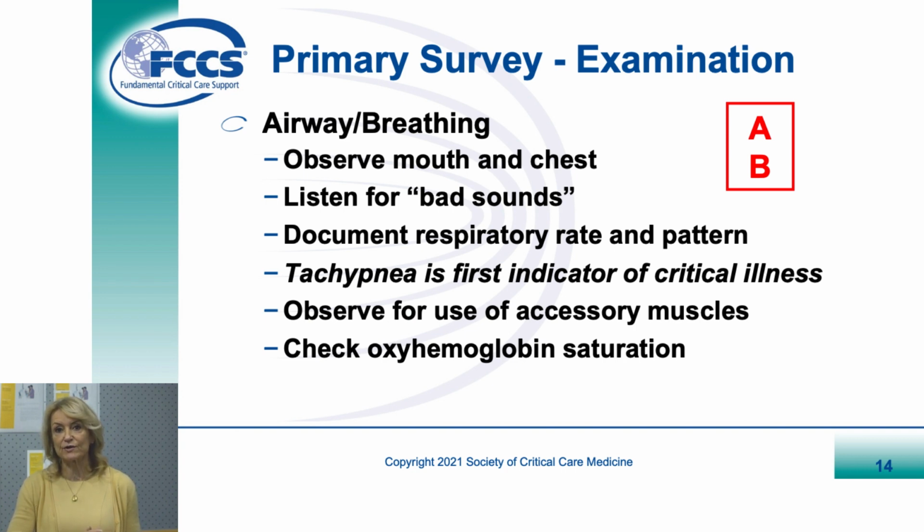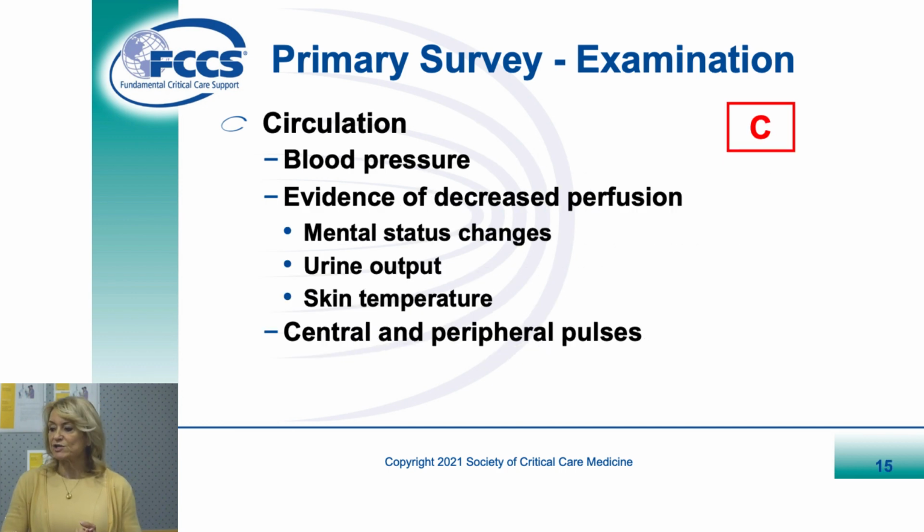Look at the patient for work of breathing, use of accessory muscles, paradoxical breathing, grunting respirations, and check the oxyhemoglobin status with a finger probe. Changes in blood pressure are a relatively late finding and very insensitive signs of inadequate circulation.